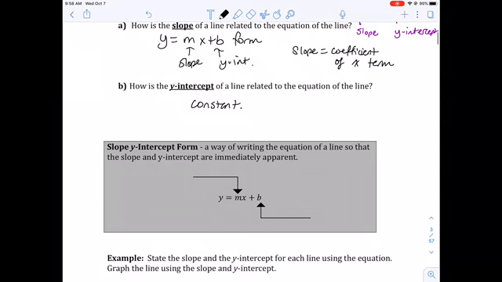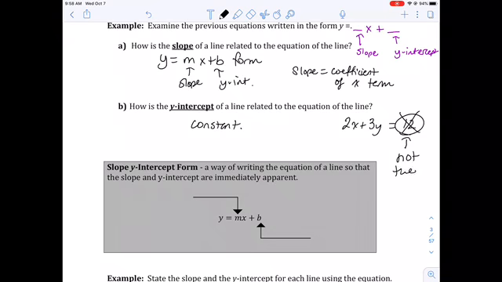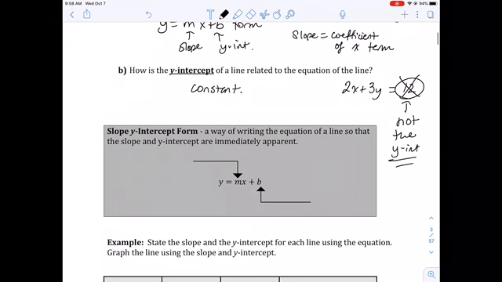So for example, if I see something like 2x plus 3y equals 12, this 12 here is not the y-intercept. It has to be in slope-intercept form, because this is not y equals mx plus b form.